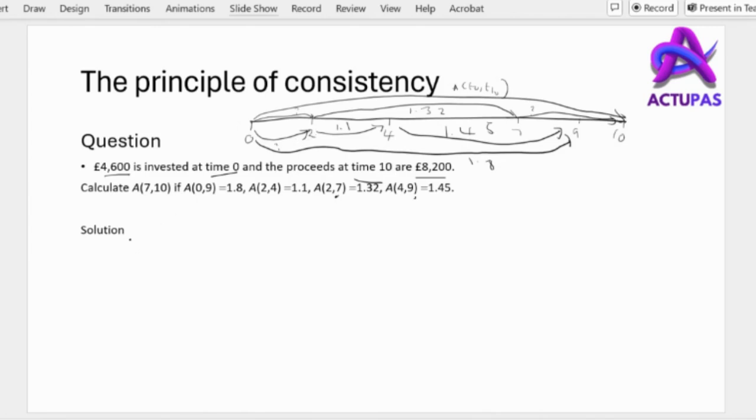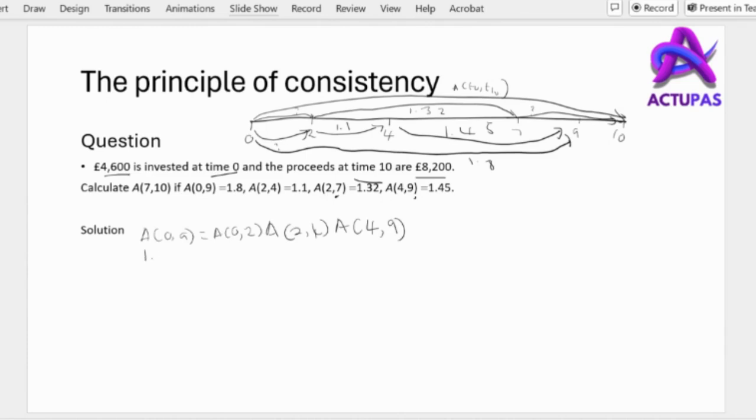We say a 0 to 9 is equal to a 0 to 2 times a 2 to 4 times a 4 to 9.